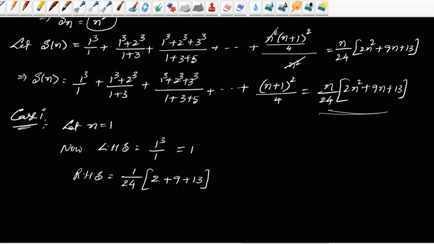So 2 plus 9 is 11, 11 plus 13 is 24. That is 1 by 24 into 24, cancel, you will get the answer 1. Therefore both LHS and RHS are equal. Hence S of 1 is true.